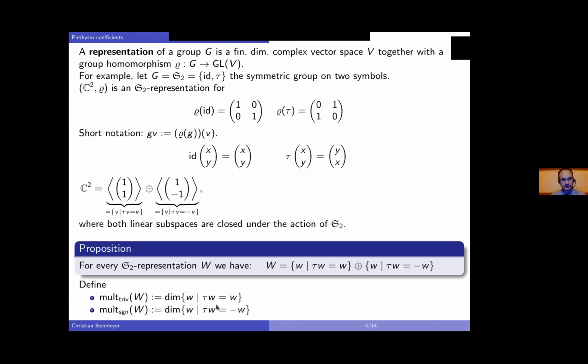Okay, just the definition here, and these numbers are always non-negative numbers. They are dimensions, right? But already here it is not so clear what they count, right? So the corresponding counting problem is not obvious because those are dimensions of vector spaces.